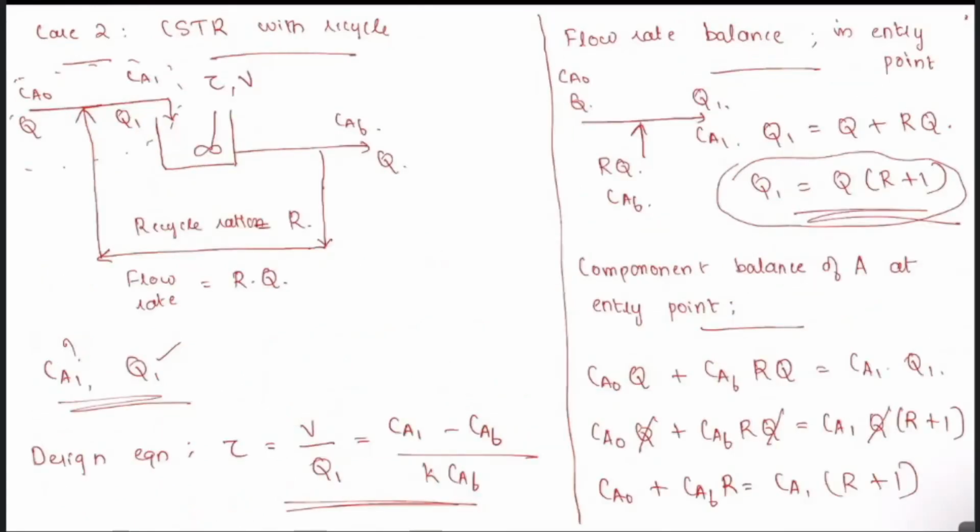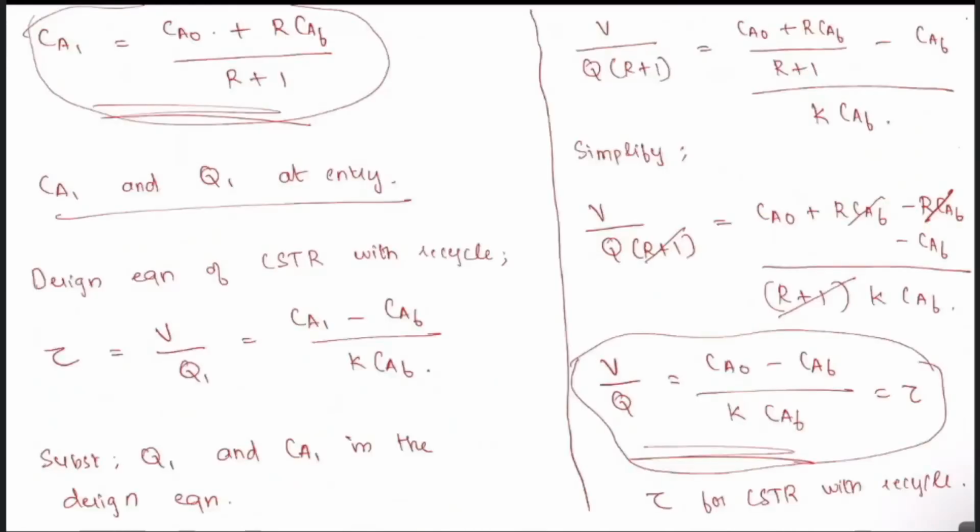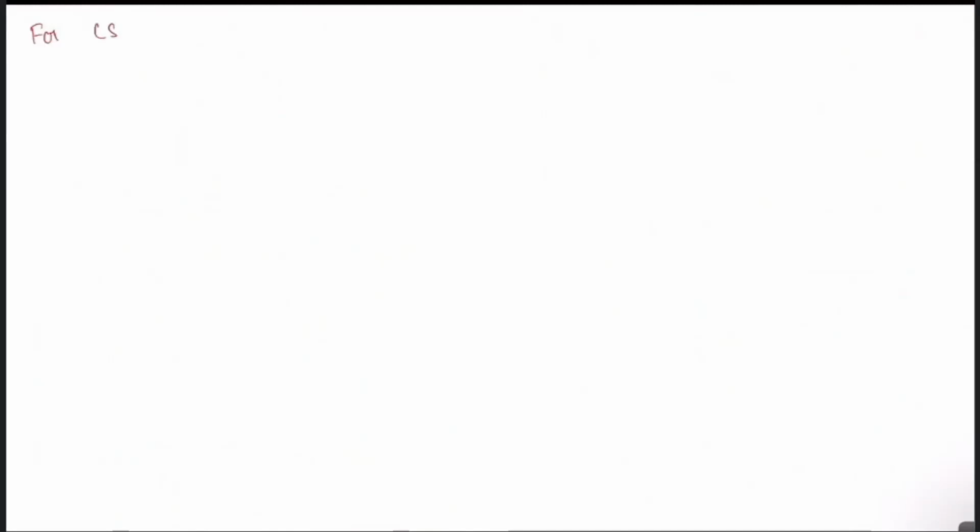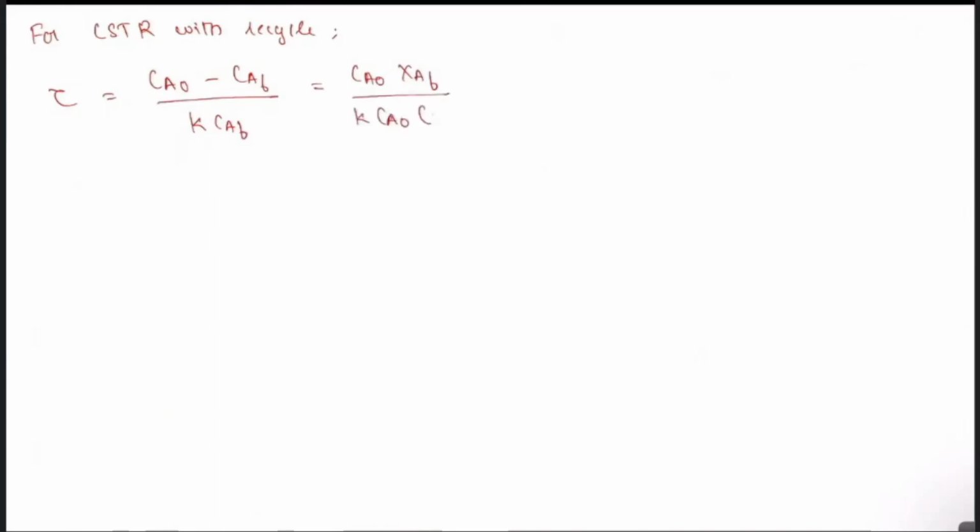So basically what this means is, if we try to find the conversion here, so for CSTR with recycle, tau is equal to CA0 minus CAF by KCAF, and that is CA0 into XAF by K into CA0 into 1 minus XAF.